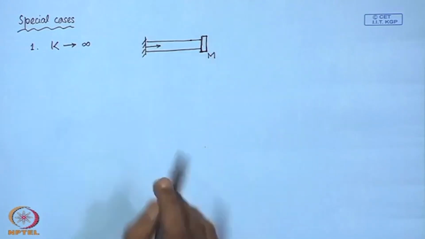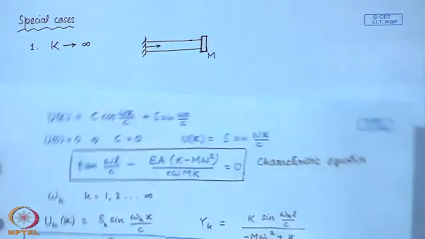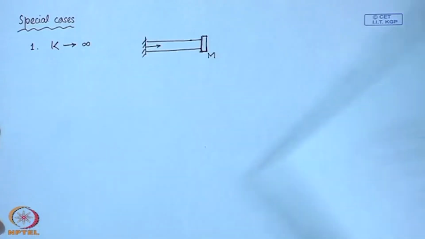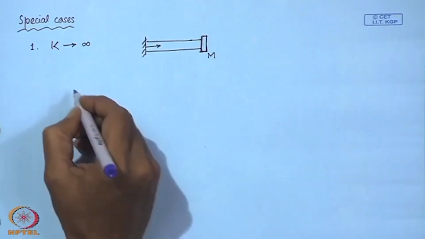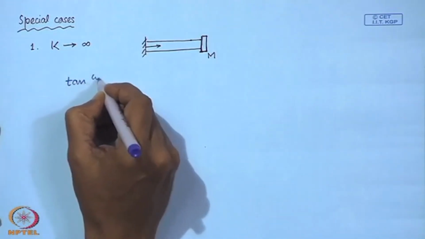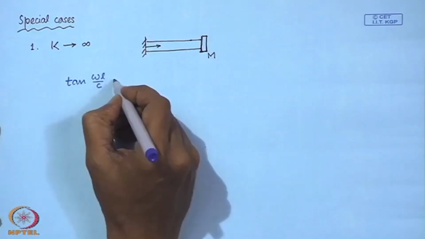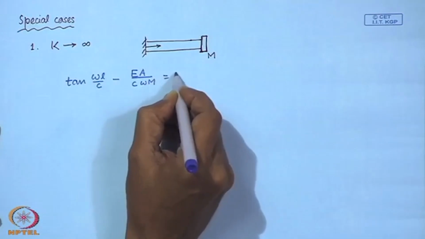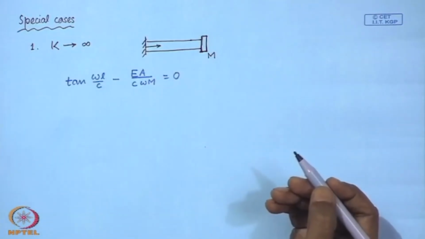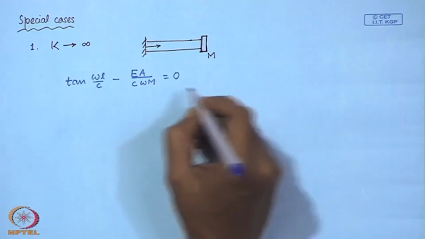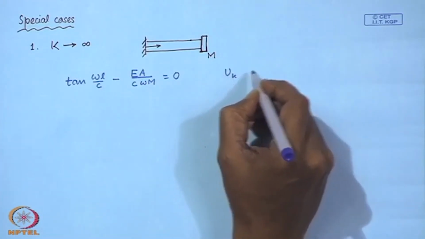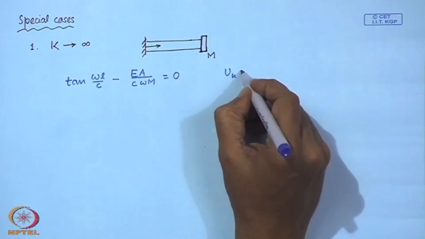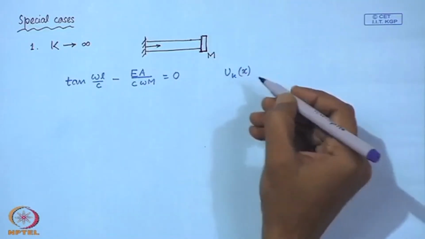In this case, it immediately follows from this characteristic equation by taking k tending to infinity, the characteristic equation simplifies to this, and of course, you can find out the circular natural frequencies from this characteristic equation and the corresponding eigenfunctions now only of the bar.